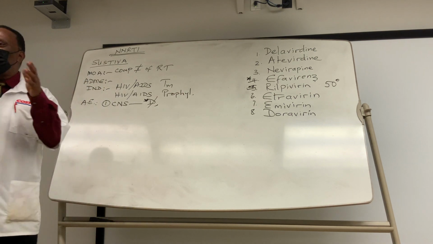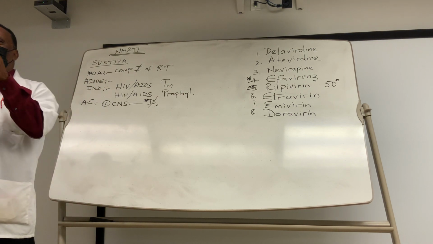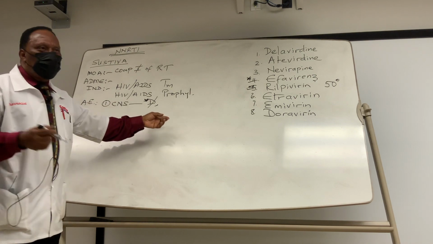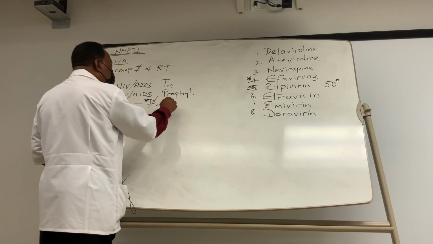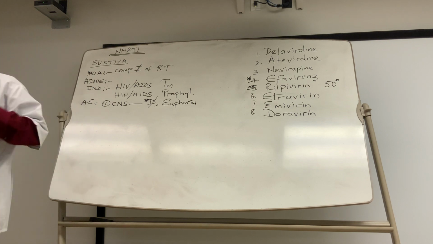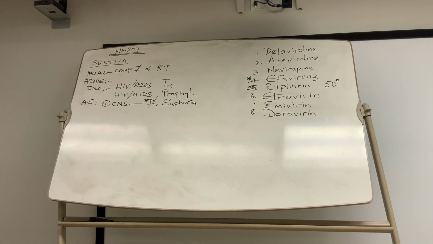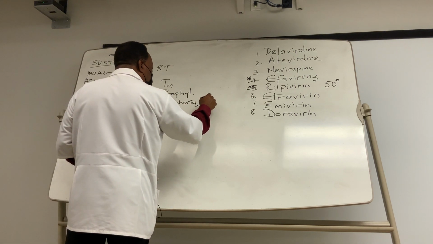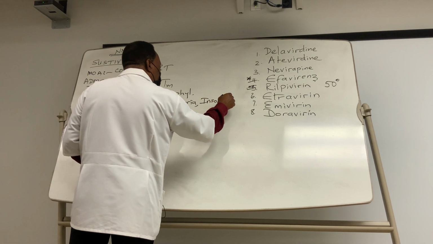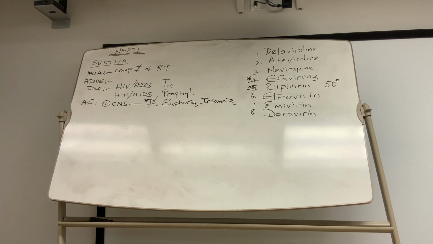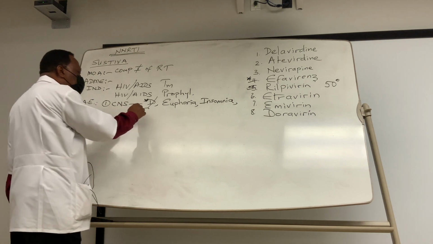And some of the CNS adverse effects seem to be opposite to each other. For instance, it causes depression, and yet, in some people, it causes euphoria, which seems like they're happy and jumpy and all that. It causes insomnia, and yet, it can also produce somnolence.